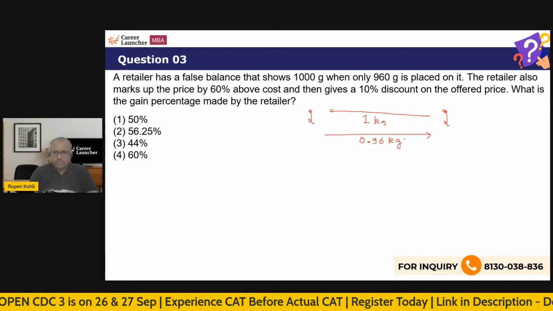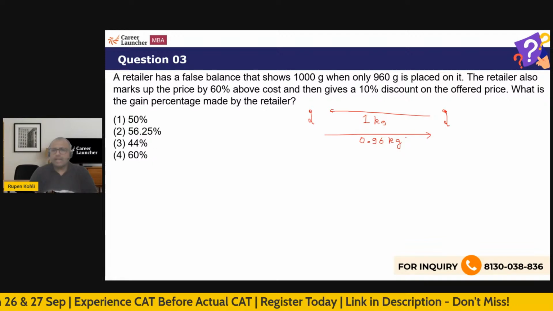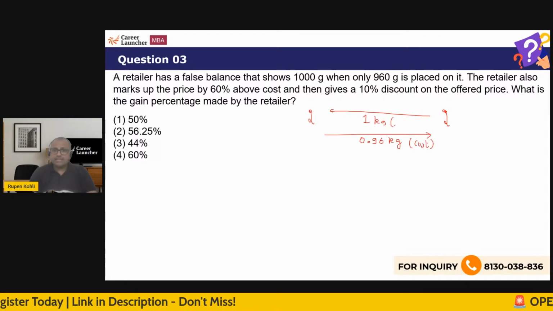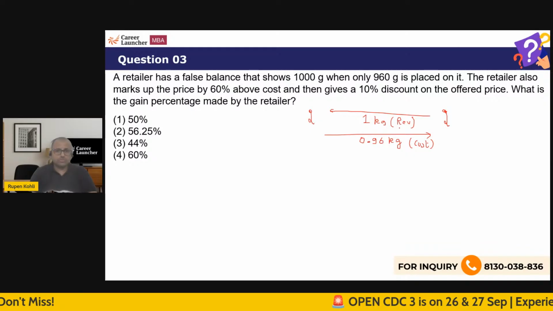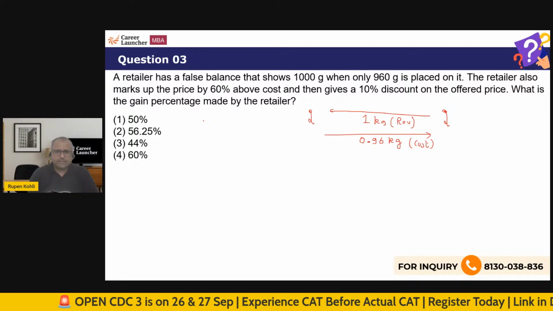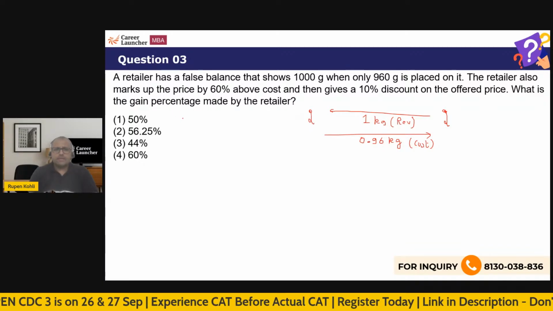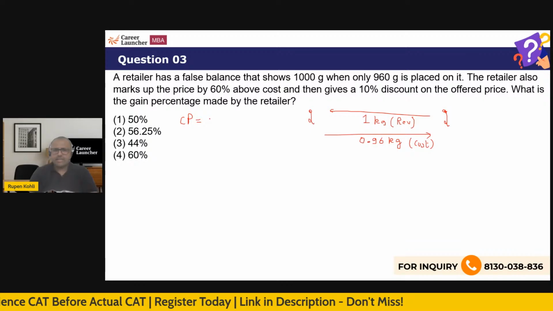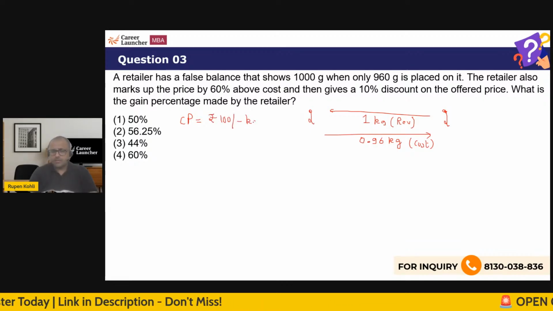So the cost that the retailer bears is only for 0.96 kg, whereas he gets the revenue against 1 kg of goods. In this question, there's no monetary value given for the cost price or anything. So in all such questions, we can always assume the cost price as any convenient number. 100 is always the easiest number, right?